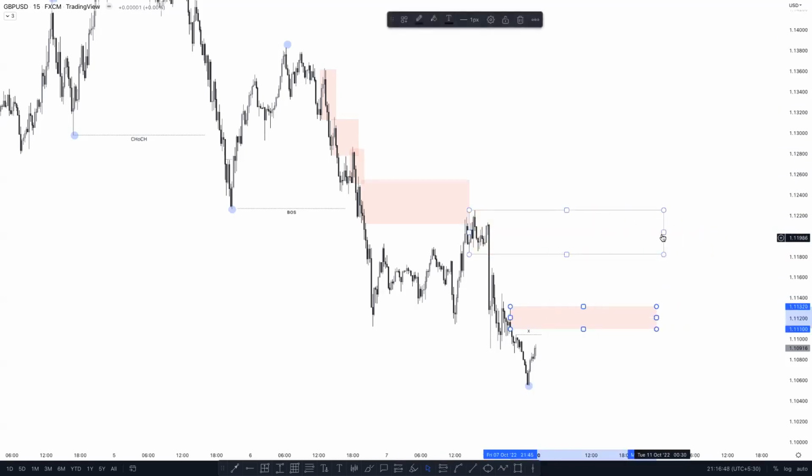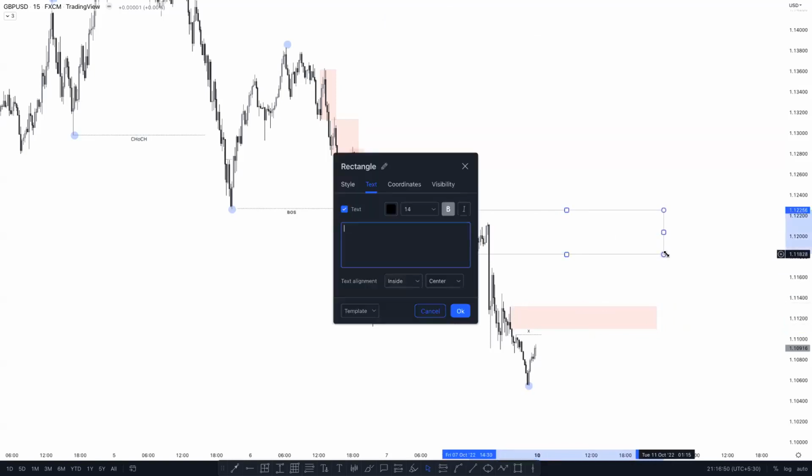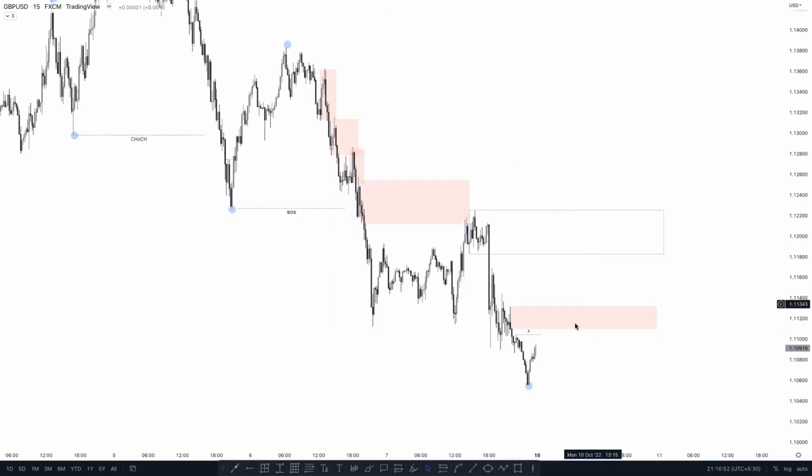Only two points here where we can take risk for the sell. First is the inducement here, and second is the extreme, which is unmitigated. There are a lot of order blocks, order flows, but these are all mitigated order flows. When an order flow is mitigated, the probability of that order block working will be very low.